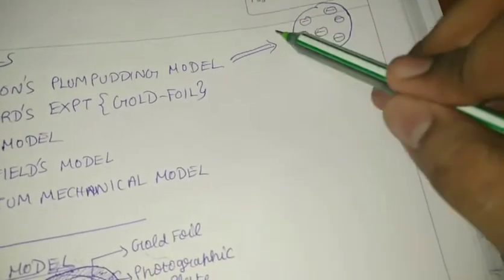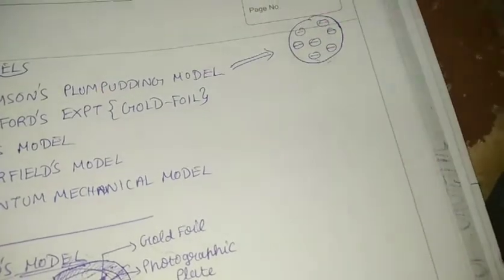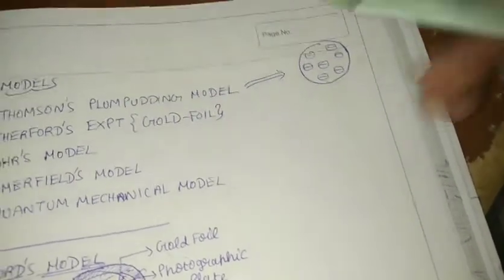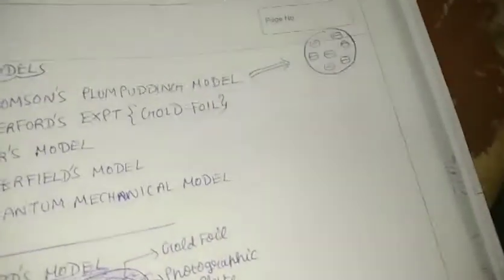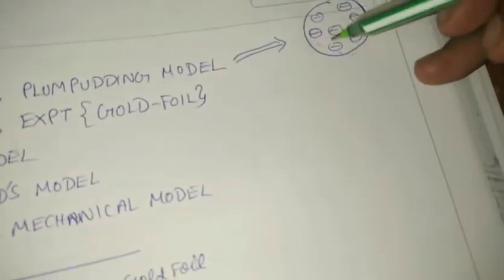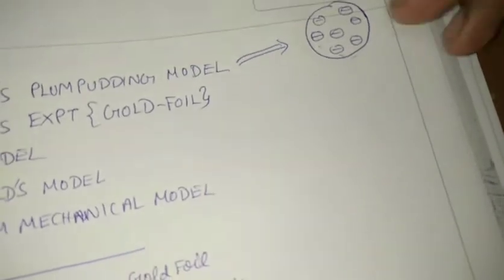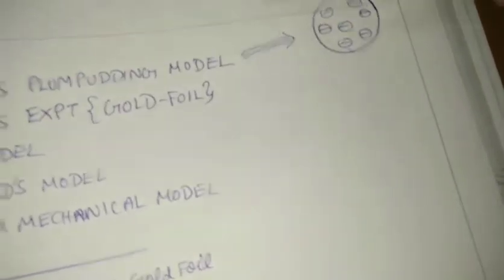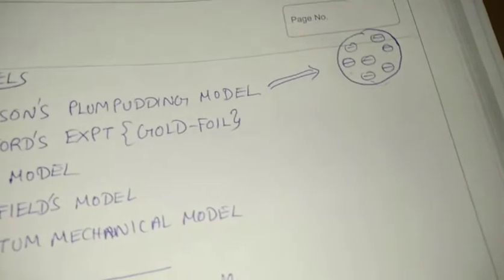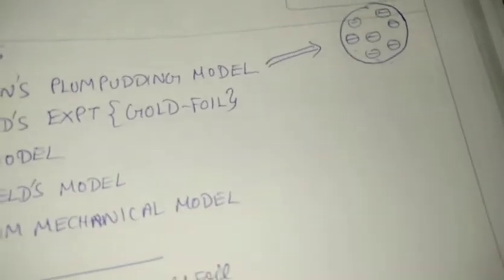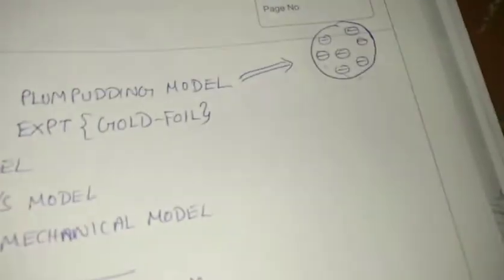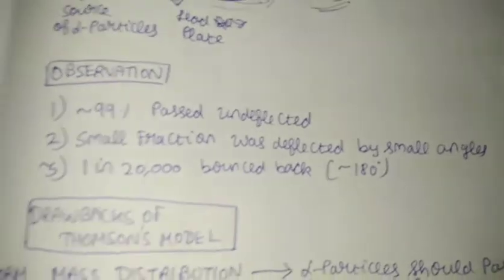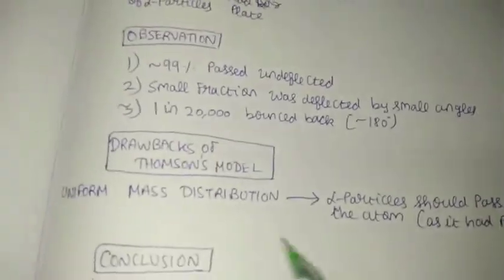So most of the alpha particles coming near to this atom should actually be repelled. This is the positive charge here, and the alpha particle is also positively charged because it's helium 2 plus, as I said. So most of the rays must be repelled, meaning deflected by small angles, but we saw only a small fraction was deflected by small angles. So that was wrong. That was the main drawback of Thomson's model.